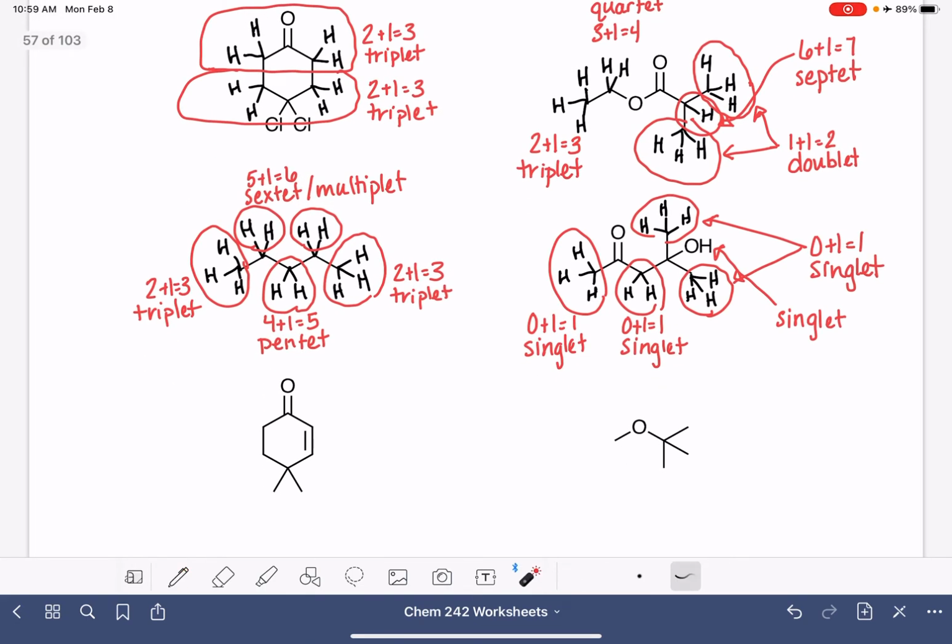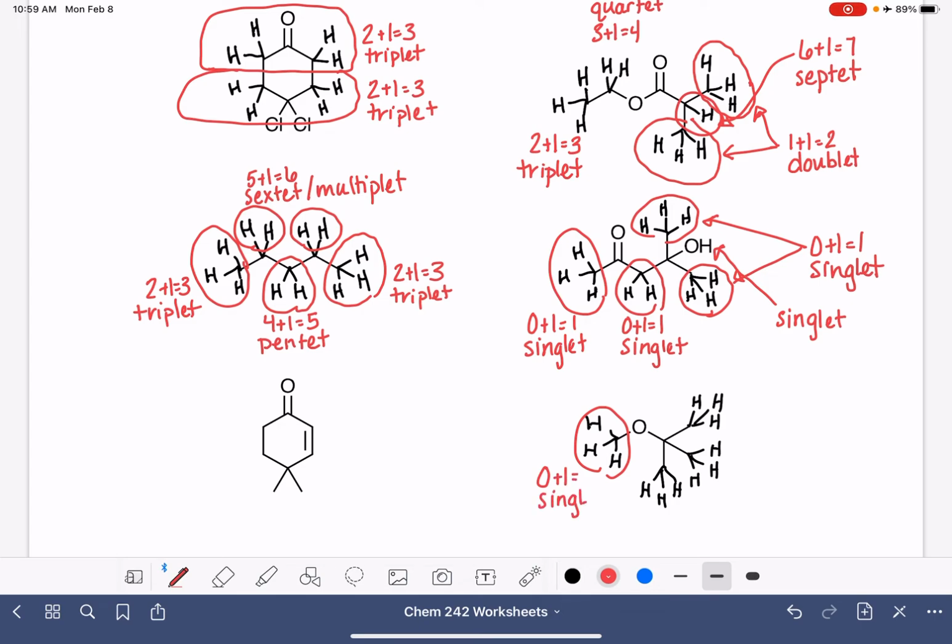Let's do this example next. In this molecule, we've got 3 hydrogens out here on the end, and then we have 9 equivalent hydrogens out here as well. These 3 hydrogens are 1, 2, 3, 4, 5 bonds away. So these guys have 0 hydrogens near them, so they are going to be a singlet.